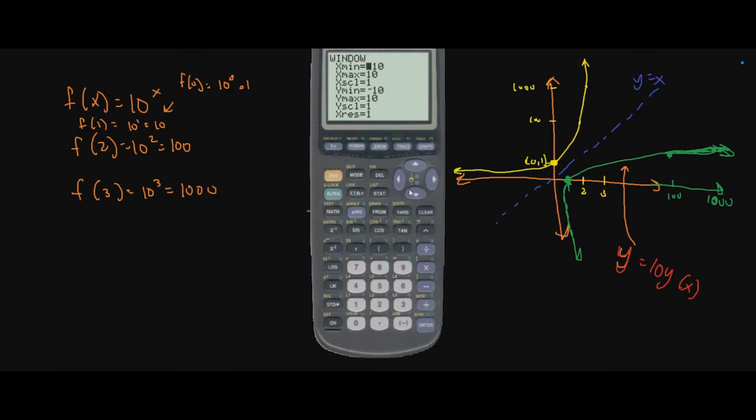Let's zoom in ever so slightly, and you can see a better image. There is the point 0, 1, and there's the point 1, 0, and you can see that these are inverses of each other. So y is equal to 10 to the x and y is equal to log of x are in fact inverses of each other.